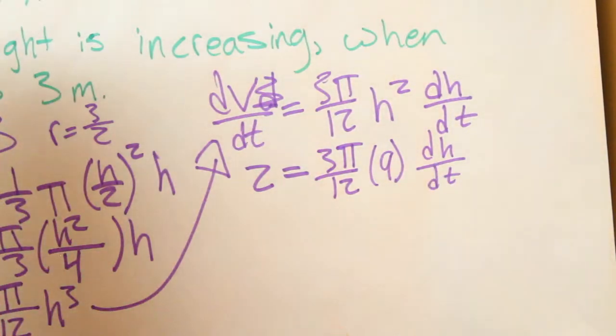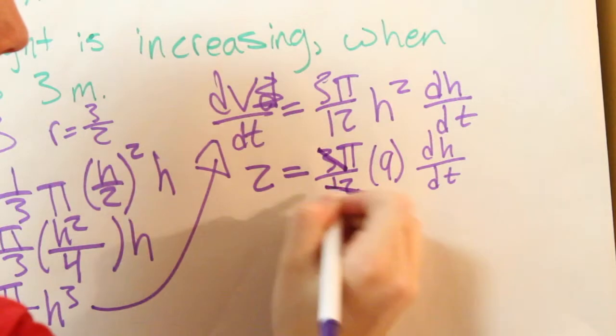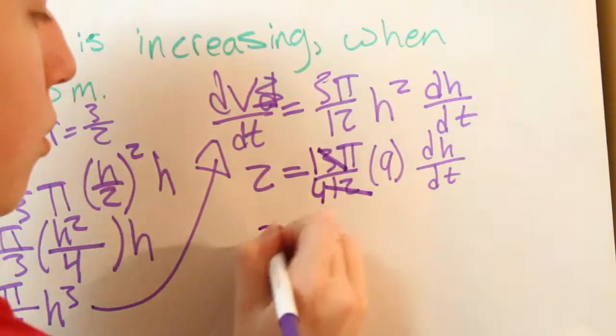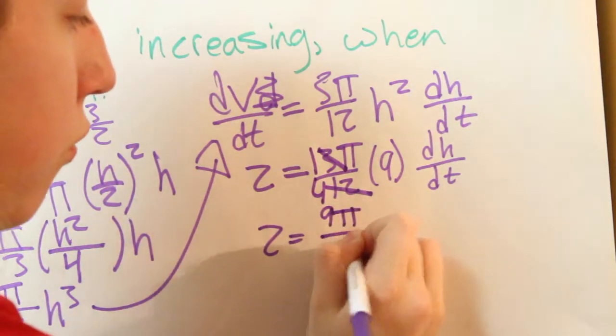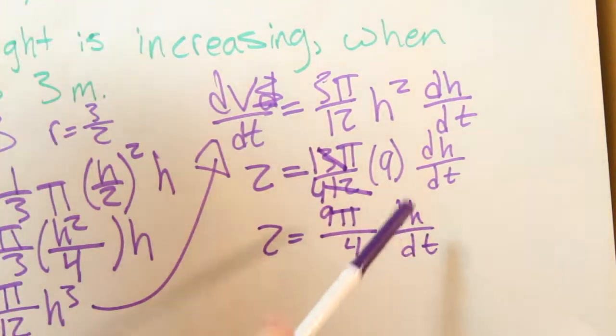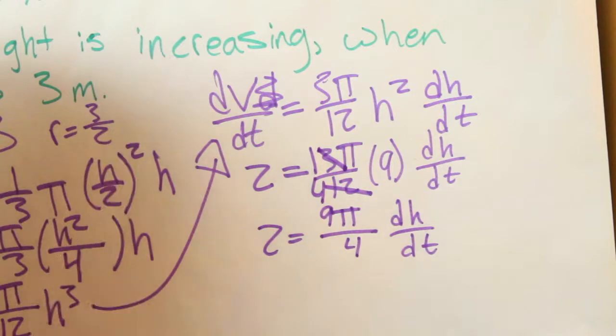Okay, so we're going to simplify it some more. The 3 can be canceled out, and the 12 becomes a 4, with 1 on top. Okay, so 2 is equal to 9 pi over 4 times dh/dt, and we want the dh/dt, which is the rate at which the height is increasing.